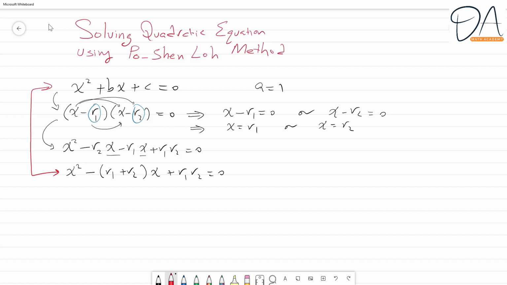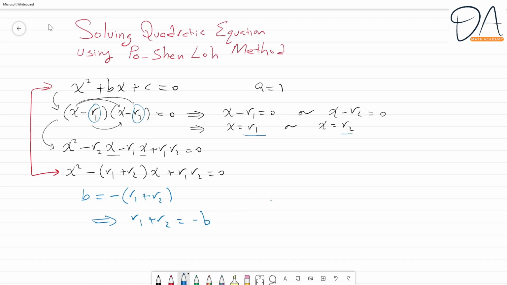So we can see here that the coefficient of x is equal to b from the first equation, and it's equal to minus (r1 plus r2). Or in other words, we can say that r1 plus r2 is equal to minus b. Now this gives us the sum of the two solutions to our equation. Remember, our solutions are r1 and r2. So this is giving us the sum.